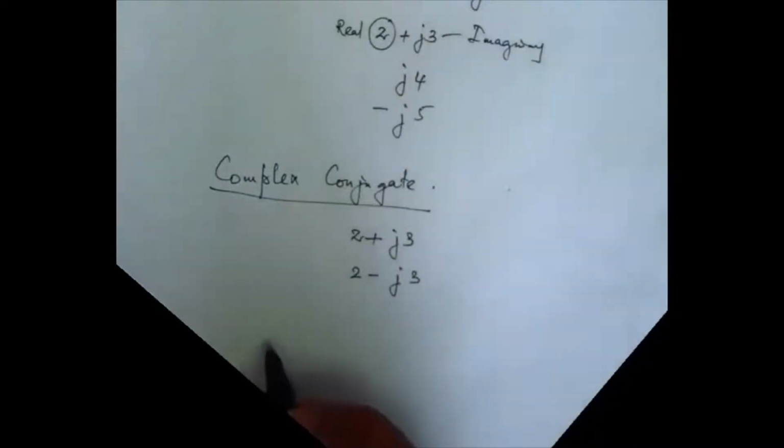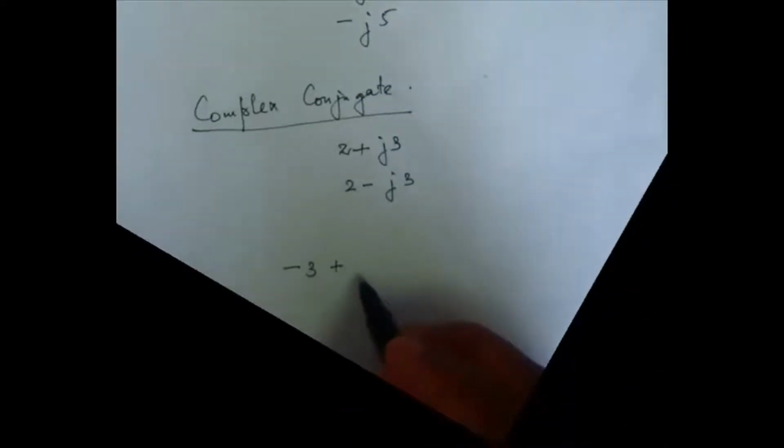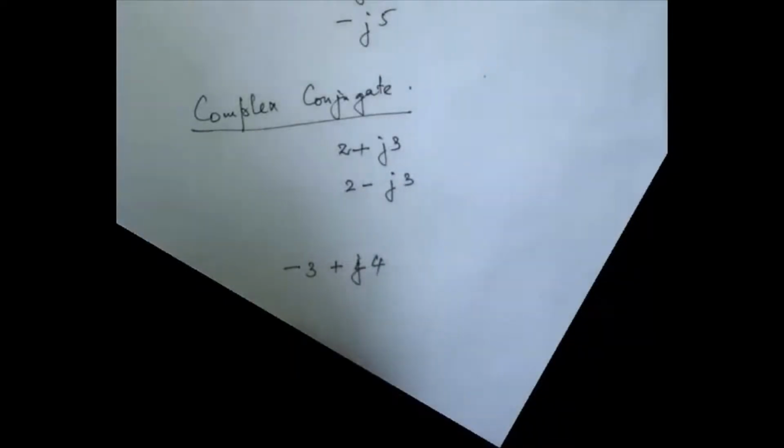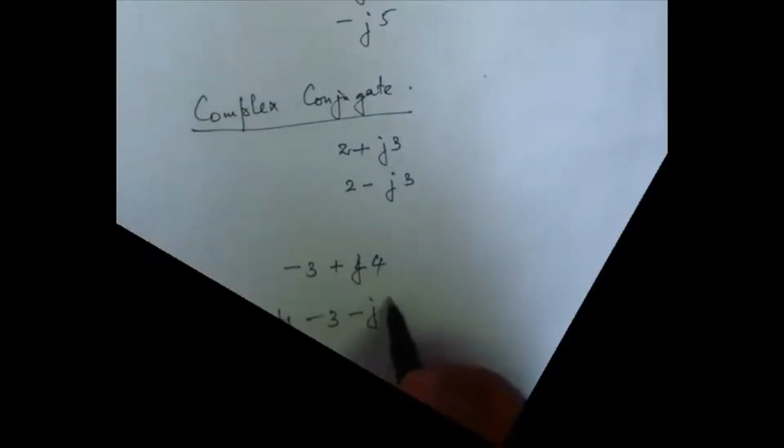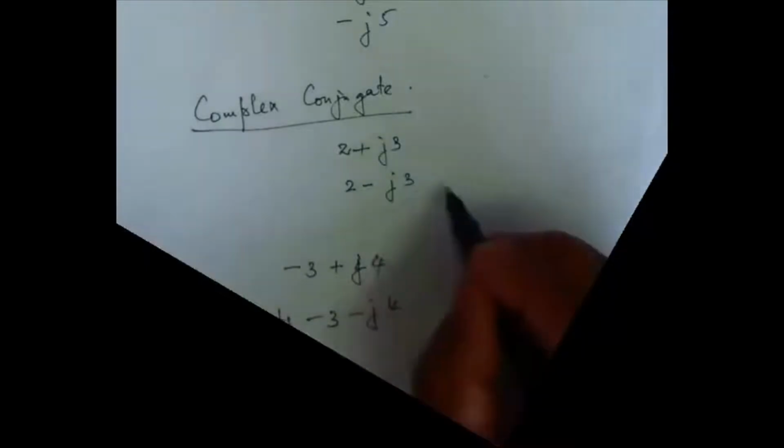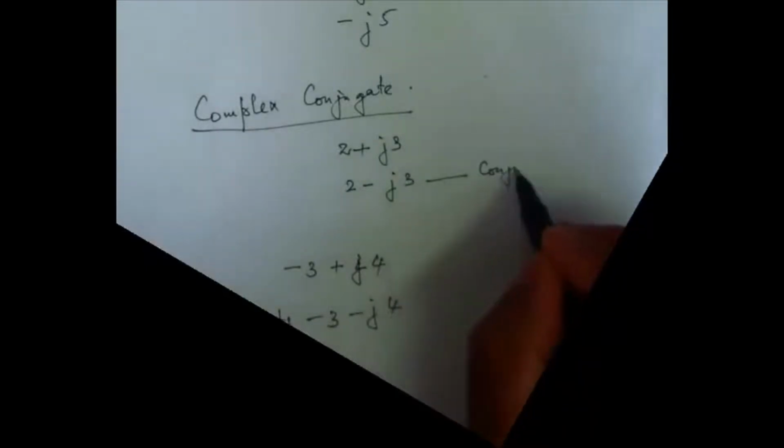So we'll take another example. Suppose we have a complex number -3 plus j4, then the conjugate of that will be -3 minus j4. So this is the conjugate, the earlier one.